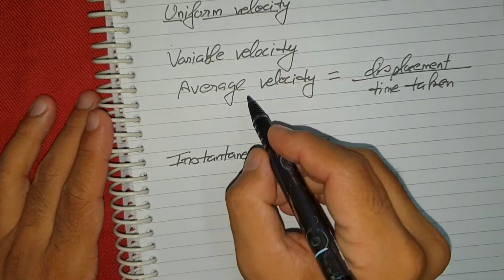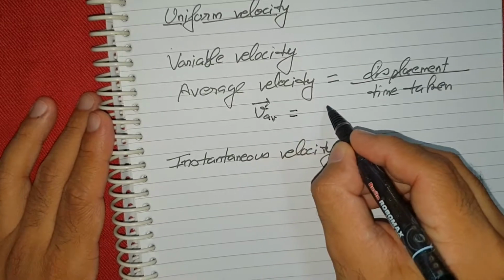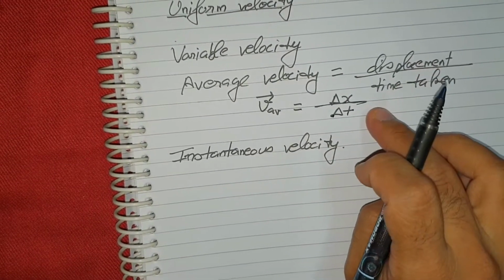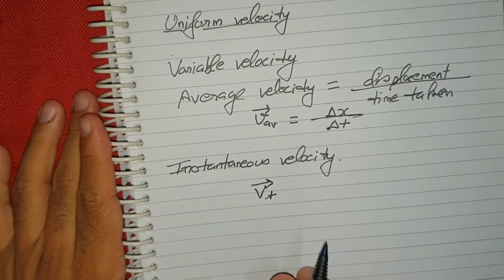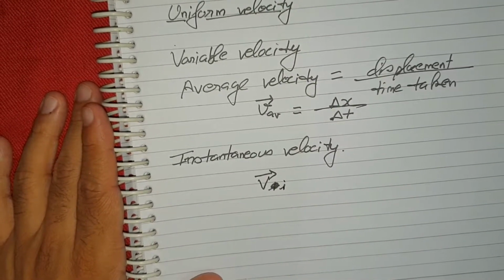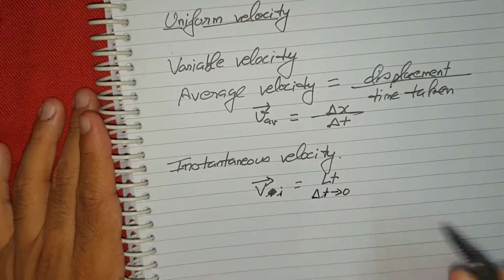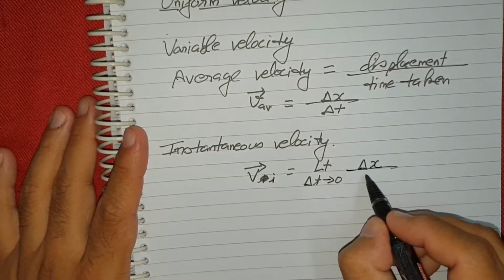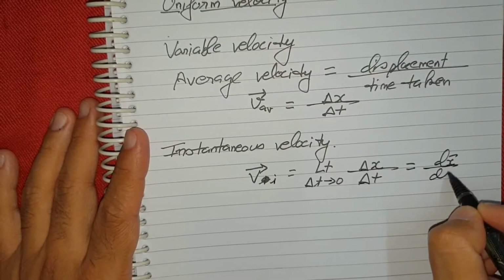Average velocity, displacement by time taken, is a vector quantity, equal to delta x by delta t, where delta x represents displacement. In instantaneous velocity, we write the subscript i, because it is an instantaneous velocity. So, it is the limit as delta t tends to 0 of delta x by delta t, which is equal to dx by dt.